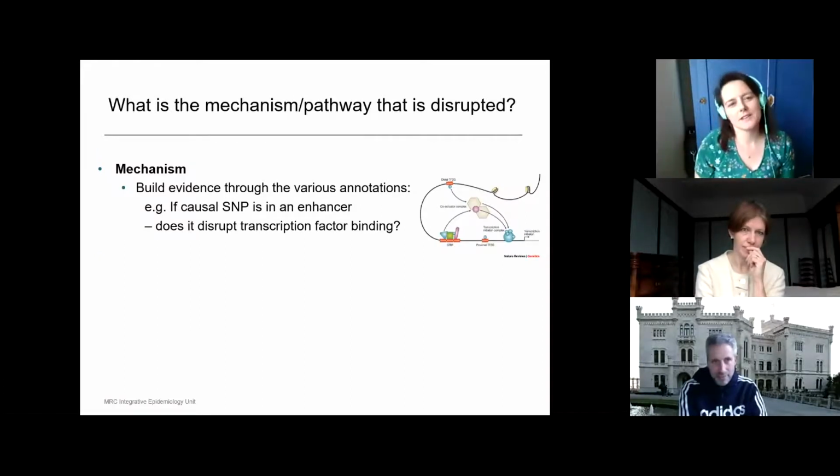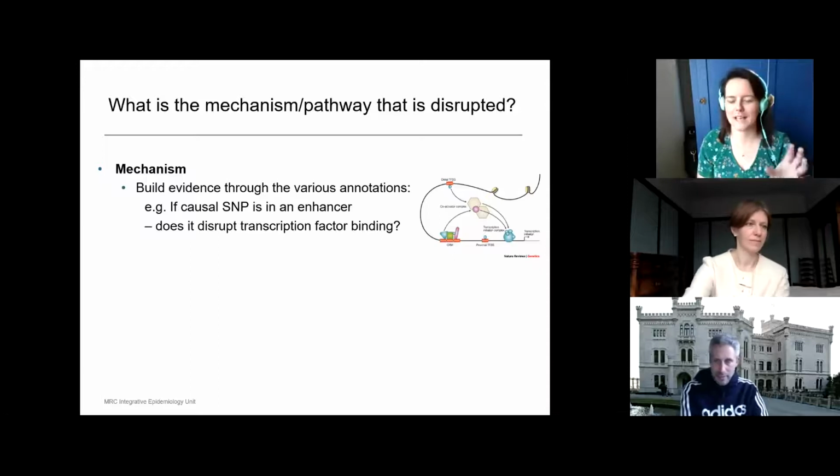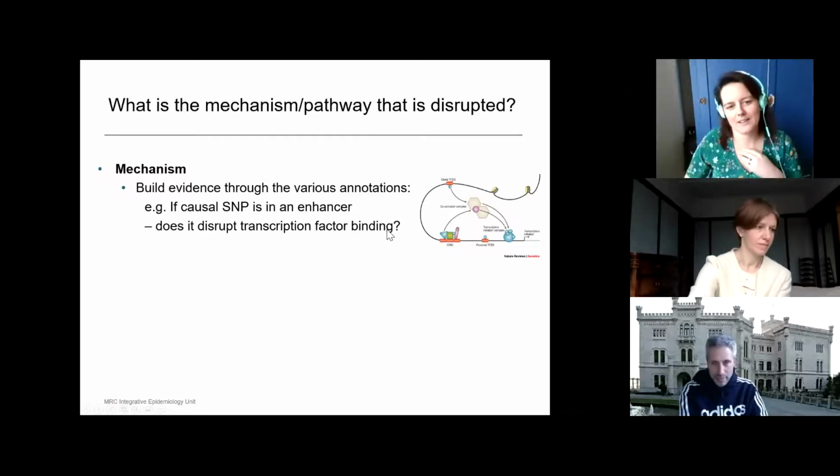Finally, in terms of thinking about the mechanism and the pathway that's disrupted, I think of this as the local scale and the much more global scale. At a local scale, the mechanism I'm really thinking about is, if a causal SNP, say, is in an enhancer, does it disrupt transcription factor binding? What is that transcription factor?